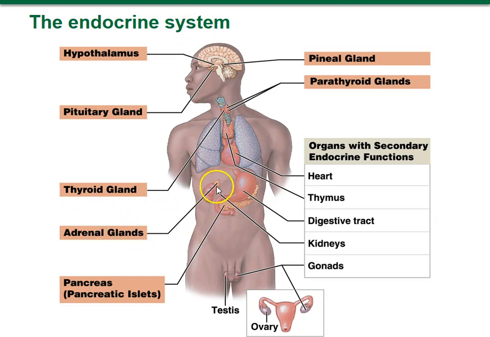Then the adrenal gland is right above the kidneys. And then the pancreas you find right here below and behind the stomach. So that is the pancreas. These show the secondary endocrine organs: heart, thymus, digestive tract, kidneys, and gonads, of course. So again, they are considered secondary endocrine organs.